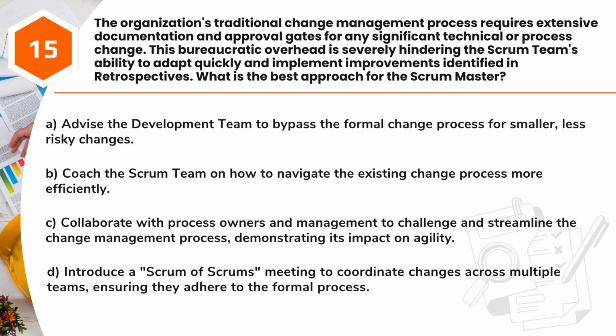B. Coach the Scrum team on how to navigate the existing change process more efficiently. C. Collaborate with process owners and management to challenge and streamline the change management process, demonstrating its impact on agility. D. Introduce a Scrum of Scrums meeting to coordinate changes across multiple teams, ensuring they adhere to the formal process.